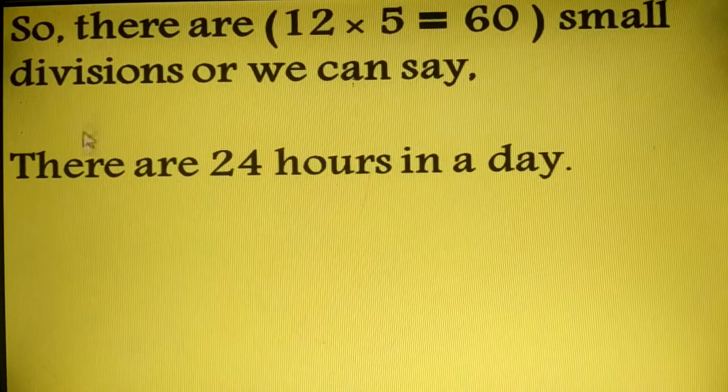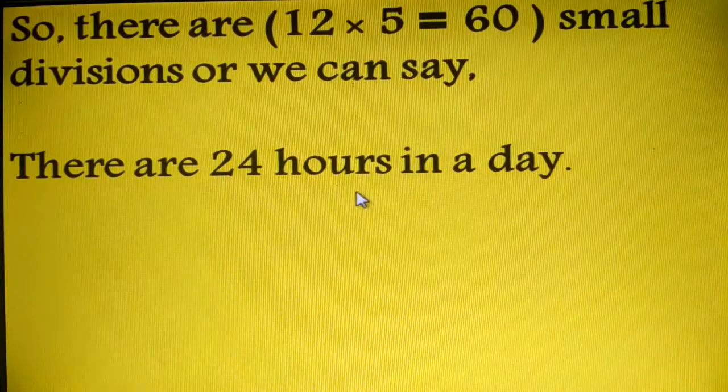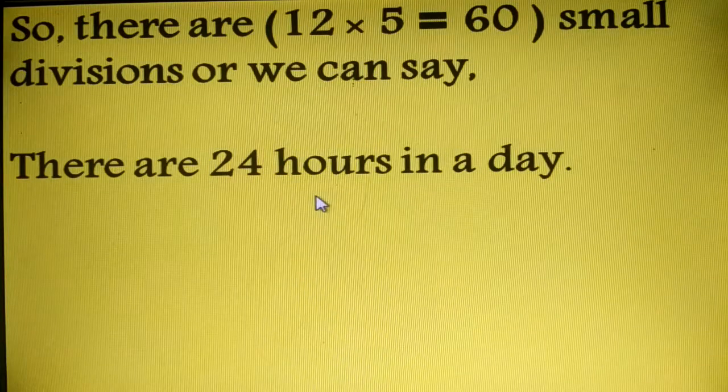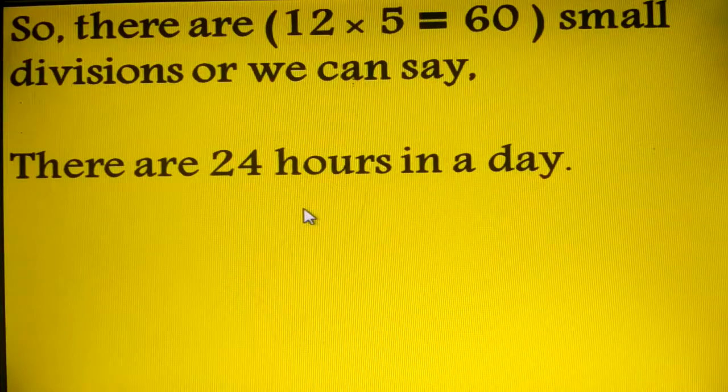And the second fact is there are 24 hours in a day. In one day there are 24 hours. Okay. Suppose 12 to 1 is 1 hour, 1 to 2 is 2 hours, 2 to 3 is 3 hours, 3 to 4 is 4 hours. Such as there are a total of 24 hours.